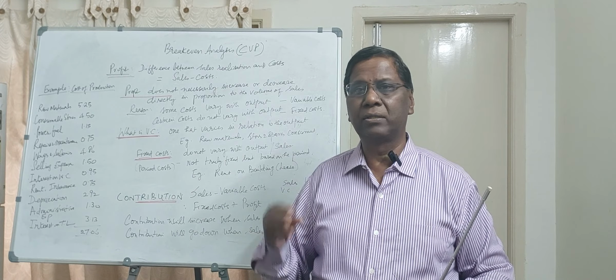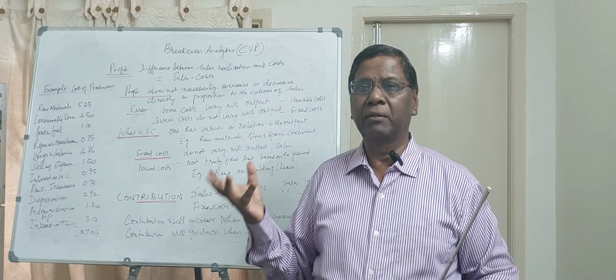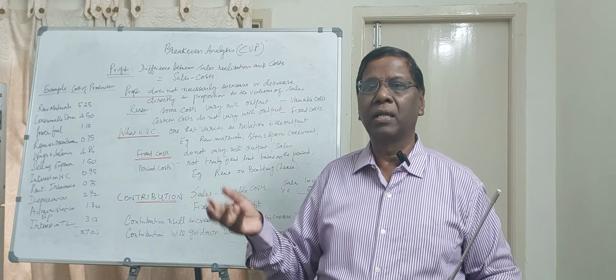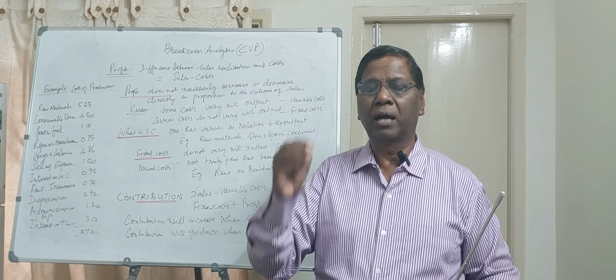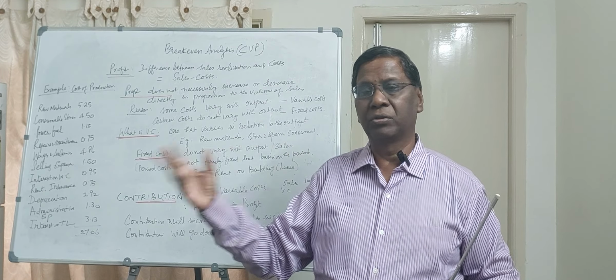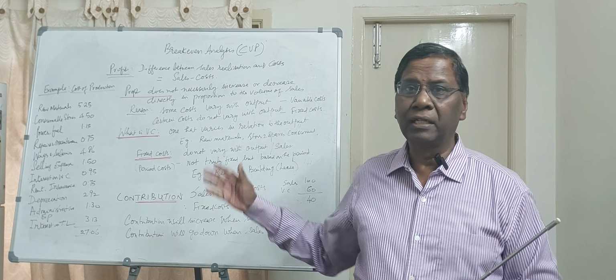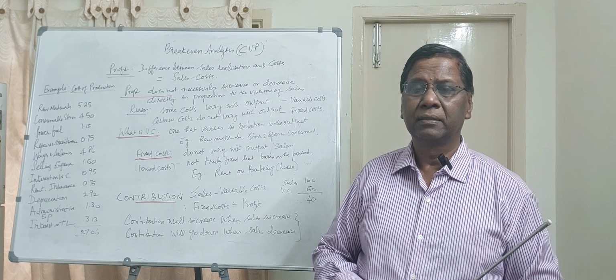Suppose you are taking a building on lease for 11 months or 1 year. Whether you run the machine or not, whether you are incurring a loss or not, whether you are making sales or not, you have to pay the rent to the owner every month. This is inevitable. You can't avoid it.